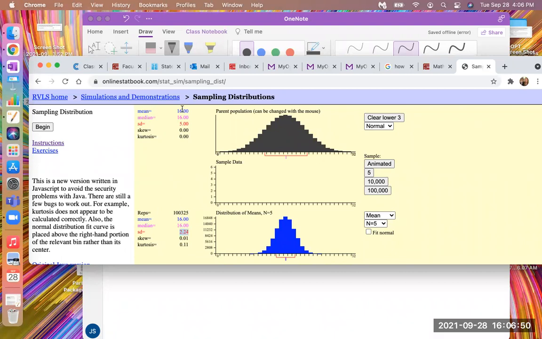And notice the mean of the original population is still the mean of the sampling distribution, but the standard deviation changed because it's a thinner distribution.